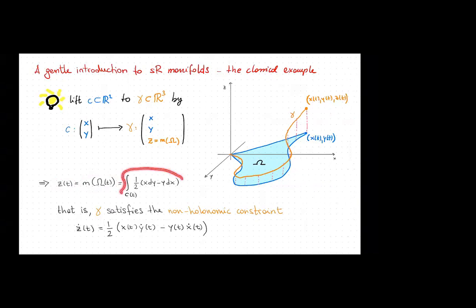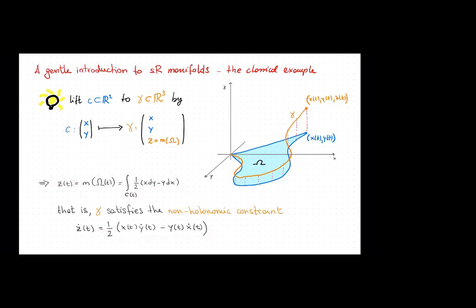So we can compute that as the line integral over our curve of that one-form that I've written on the previous slide. But another way of seeing this constraint on the z is that we have a non-holonomic constraint that connects the derivative of z with a certain relation between the derivatives of our curve.